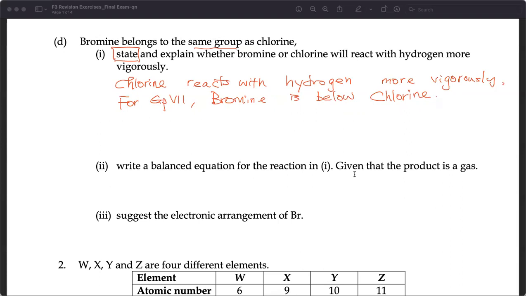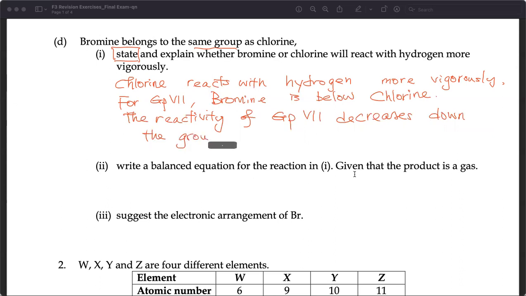So bromine is under chlorine. The reactivity of group 7 decreases down the group. Group 7 decreases its reactivity, and bromine is in a lower position than chlorine. That's why chlorine is more reactive, reacting more vigorously.